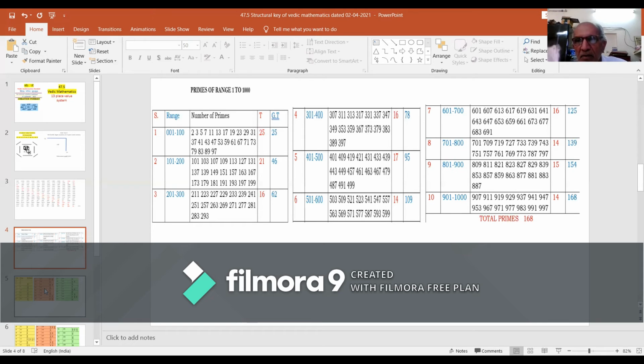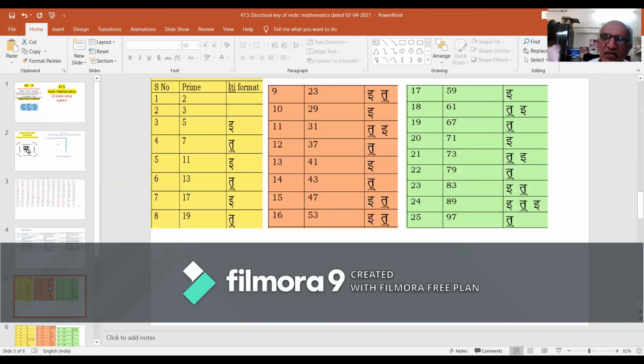Now, this formulation deserves to be revisited. Its organization format features deserve to be imbibed well. See, the formulation iti is a composition of three letters. This is E, the second vowel.